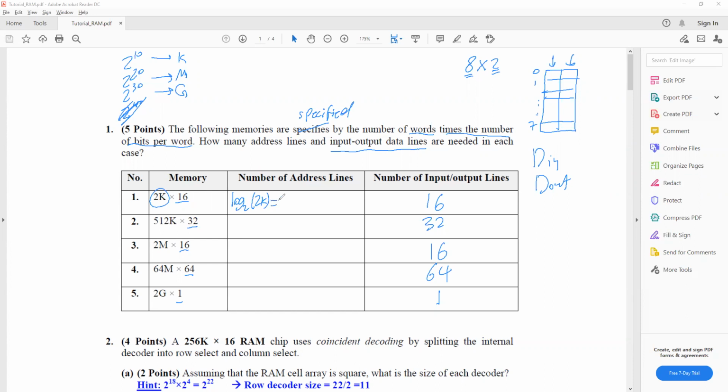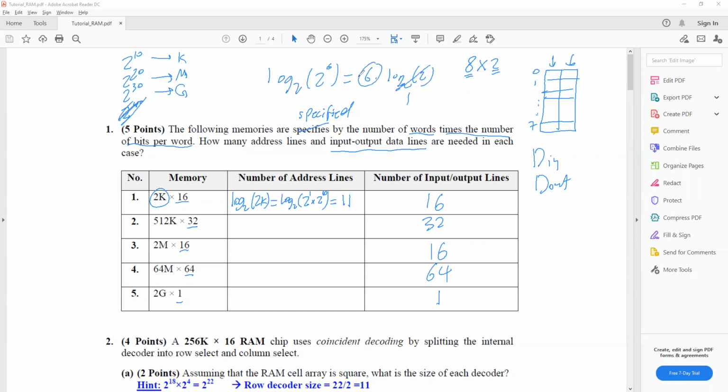So this will equal to log 2 of 2 to the power 1 multiplied by 2 to the power 10. So if you take log 2 of this number, that's going to be 11, which is the addition of the exponents. You know that log 2 of, for example, 2 to the 6 is equal to 6 multiplied by log 2 of 2, and this is equal to 1.